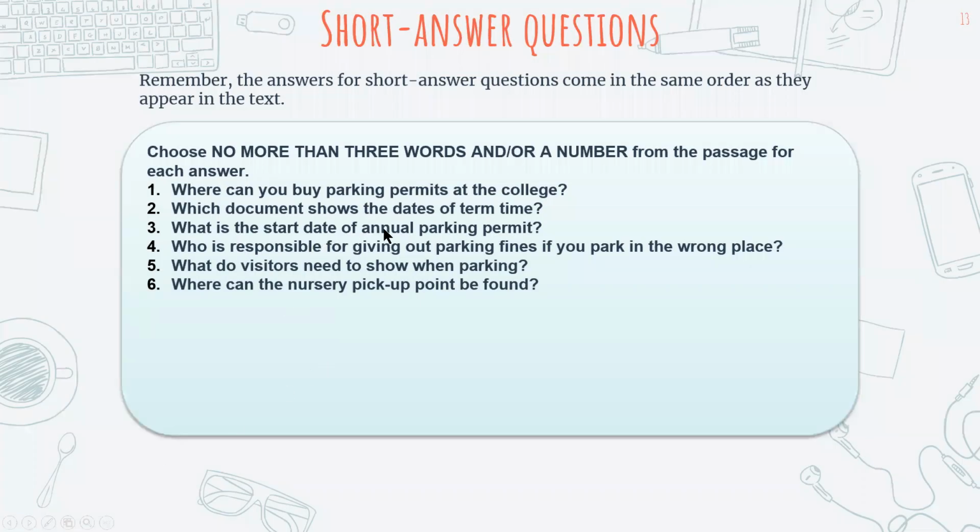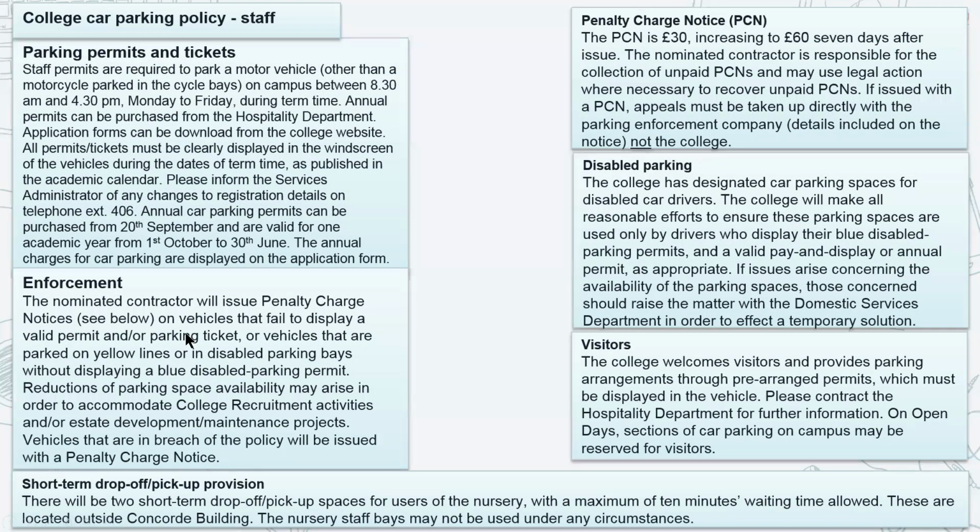What's the start date of the annual parking permit? So start date, annual parking permit. I will be scanning for these keywords or words that are similar in meaning. So I'm looking for a date. Dates of term.